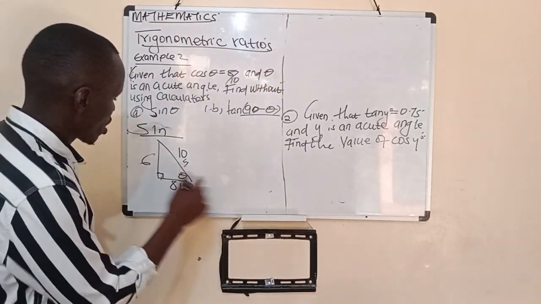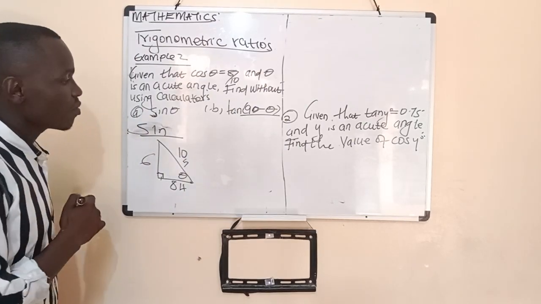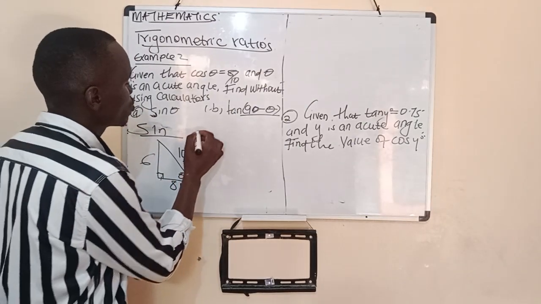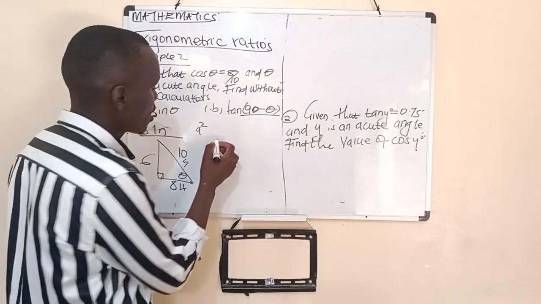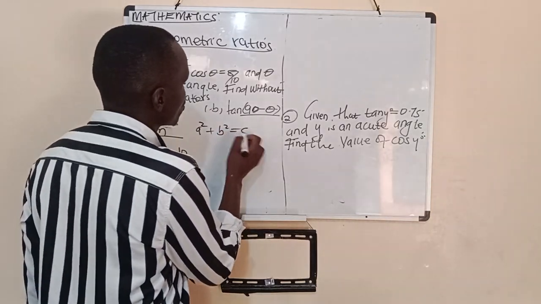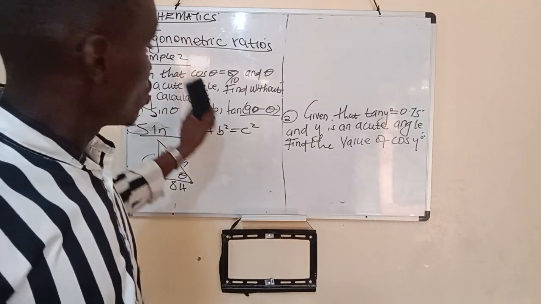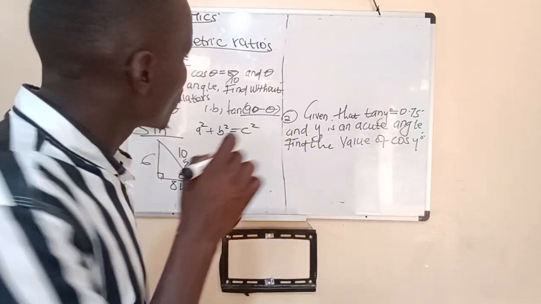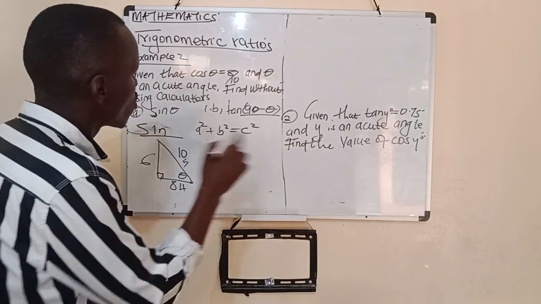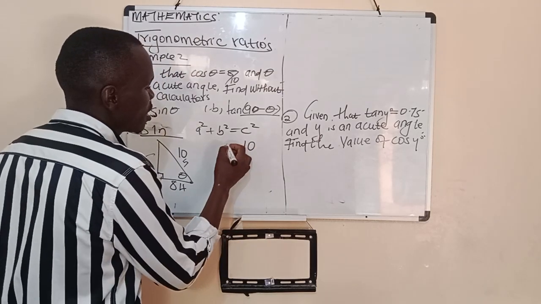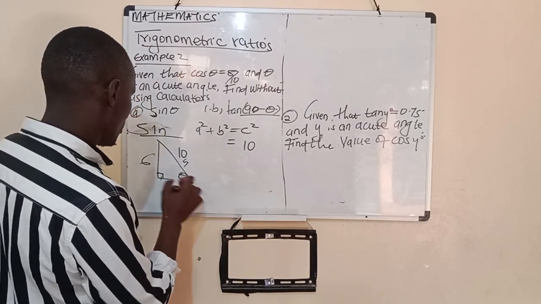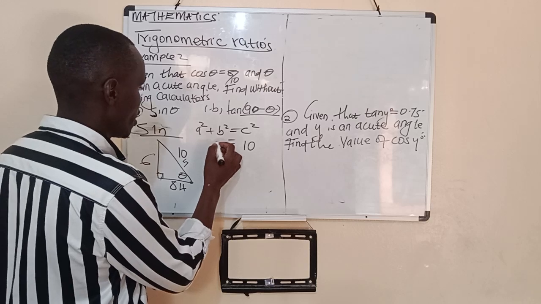So in this case, if you use Pythagoras theorem, a squared plus b squared equals c squared. From here, we already have 10 here, and we already have b which is 8.